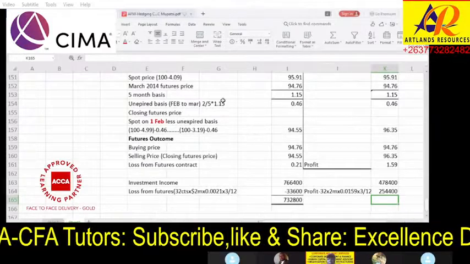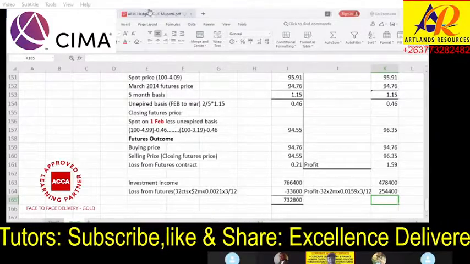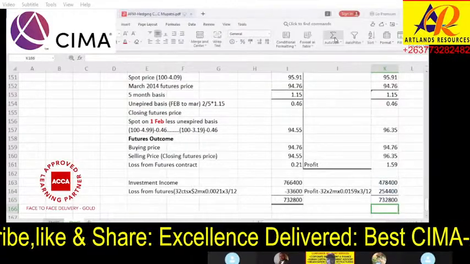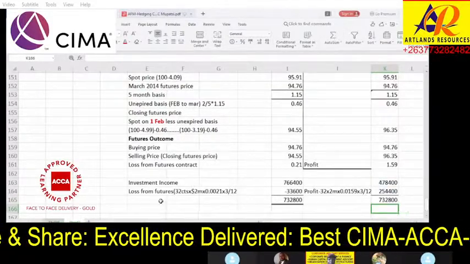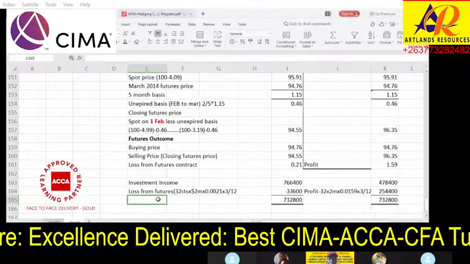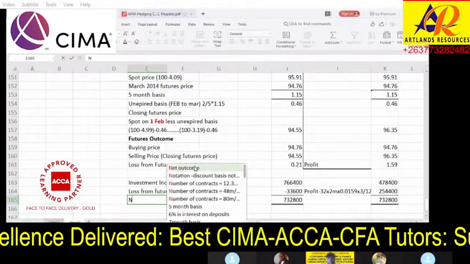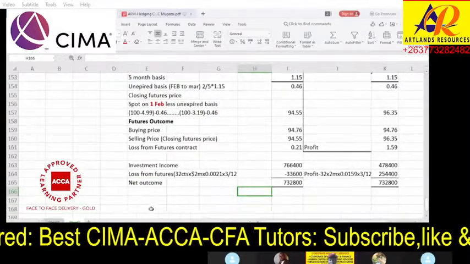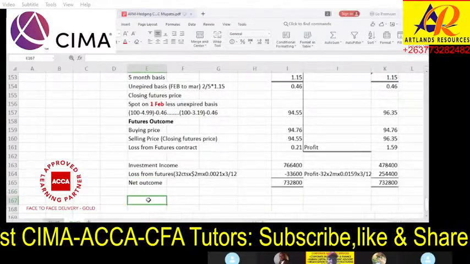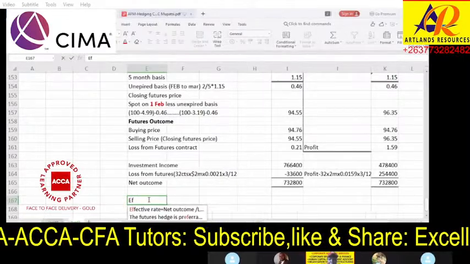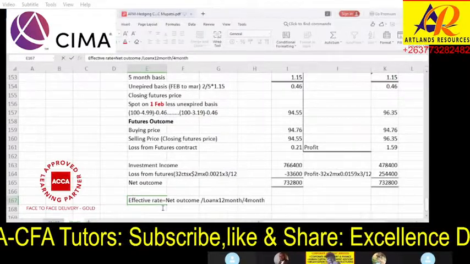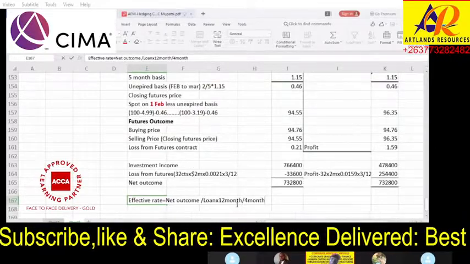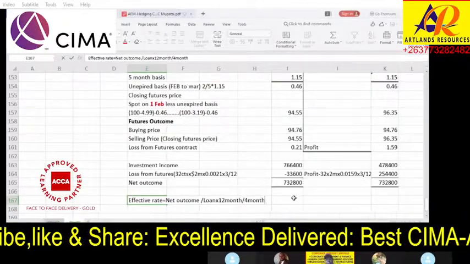Right, then I calculate the net outcome as well on futures like this. Yes, we've done this. This is the net outcome. I can now calculate effective rate. And remember, effective rate is calculated the same way I calculated that on forward. Effective rate, you say net outcome over the loan, in this case 48 times months in a year, 12 over the loan period.